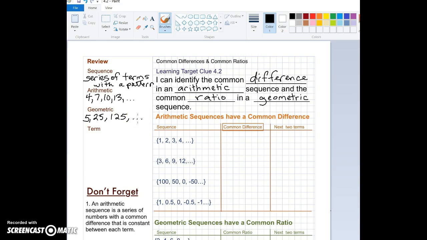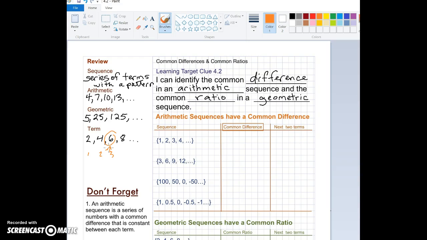The last thing that I want to review is just the meaning of term. So if I have this sequence, what is the third term of the sequence? The third term. Well, the third term is the 1, 2, 3, the third member of the sequence, okay?